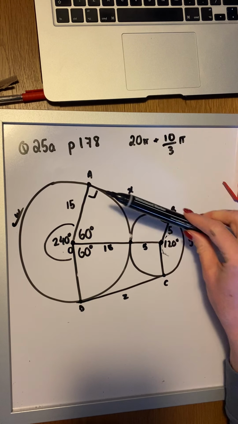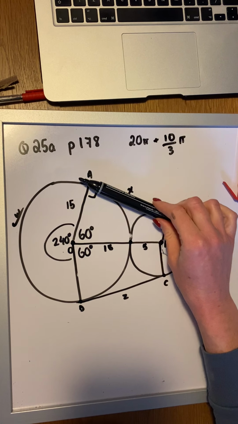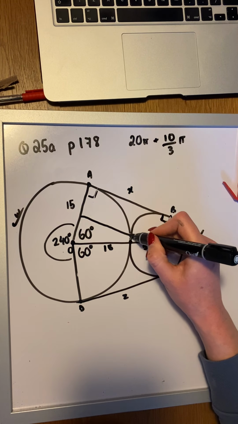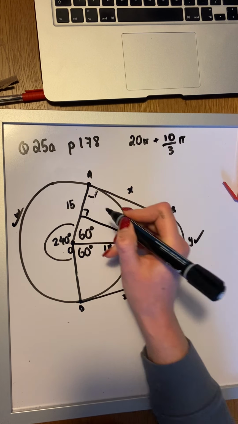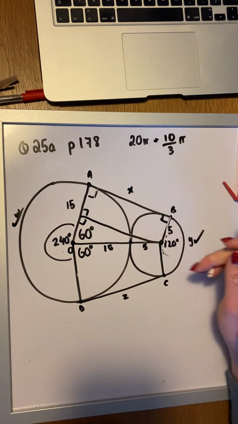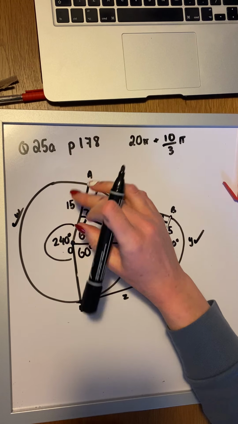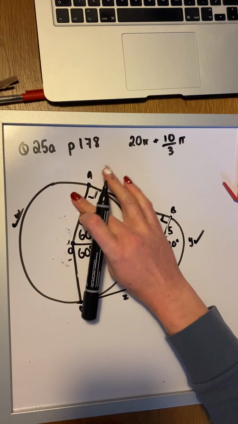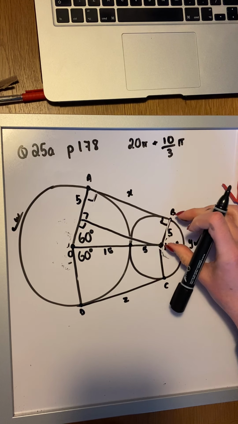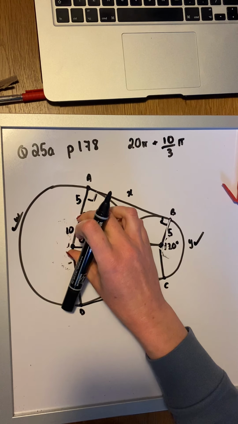In order to create a right angle triangle, we need to move this line X down here to create a rectangle on the top and a right angle triangle here on the bottom. If we have a rectangle that splits this radius here into 5 as the top section, mirroring the 5 that is the radius of the smaller circle, and 10 for the triangle.